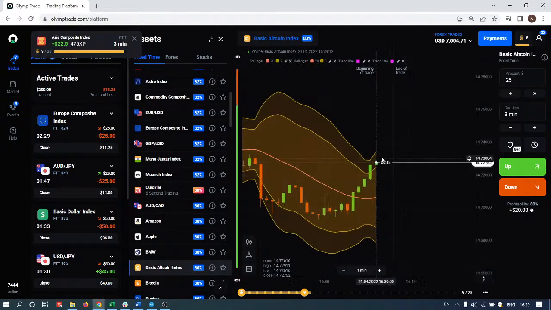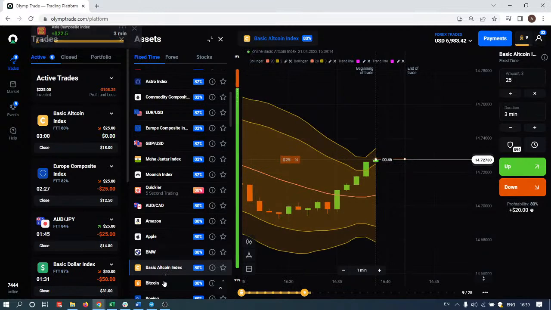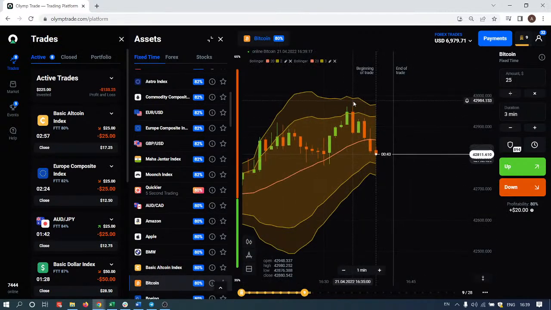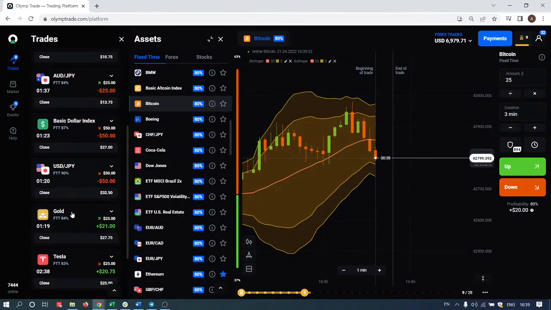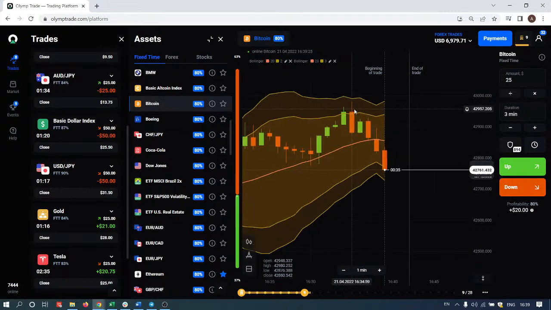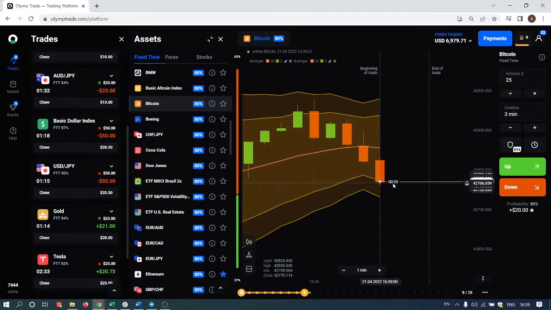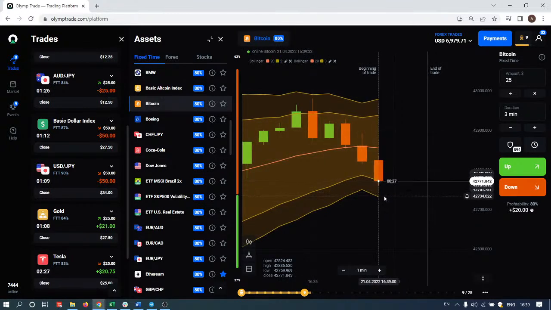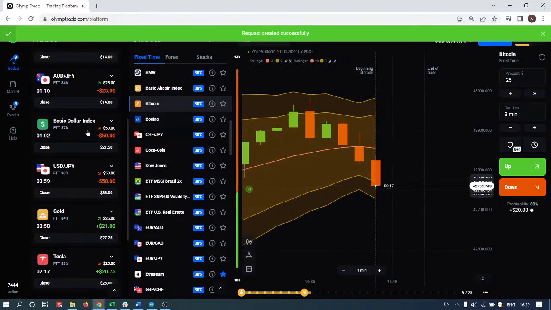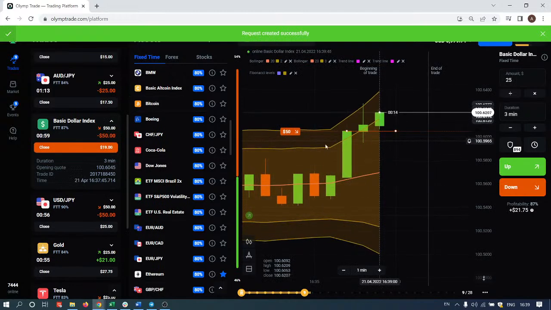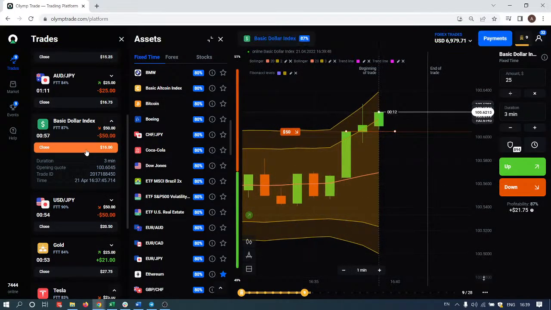Okay, and let's try basic altcoin index. And I think what I missed was this trade. Right now I see that I should have placed a pending order. All right, now I can open another counter trend trade here. So let the price be 751 here, and I think I want to cancel this trade actually, guys.